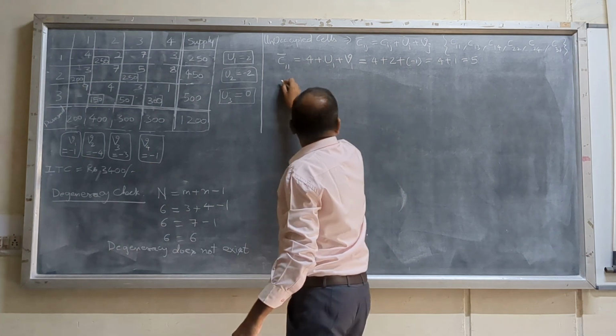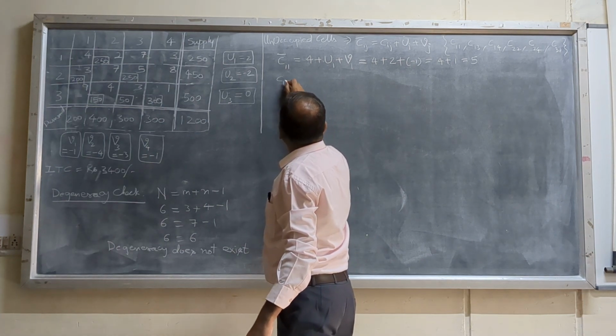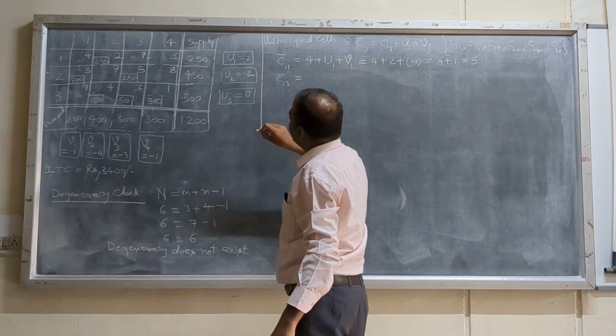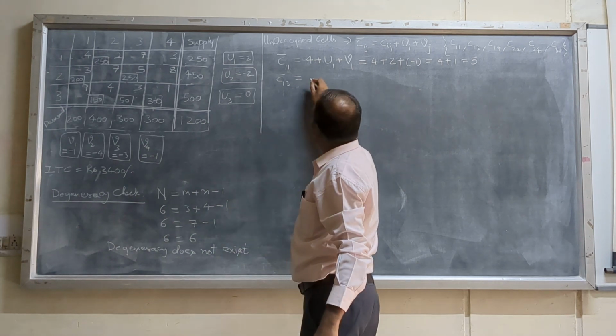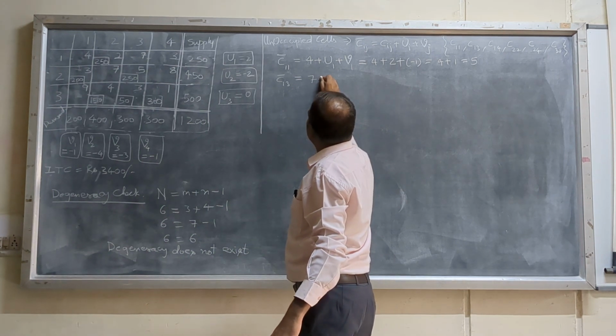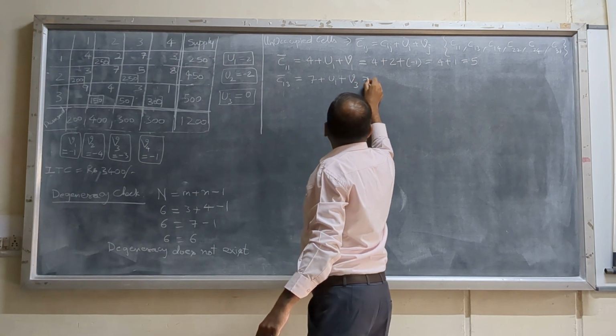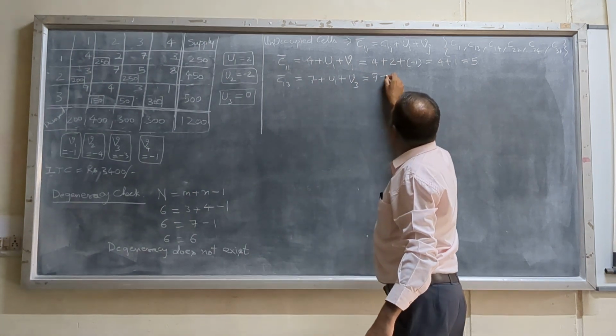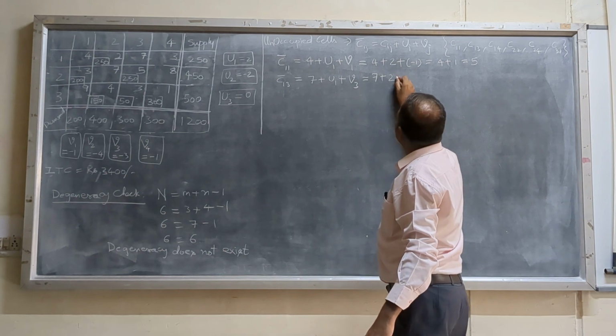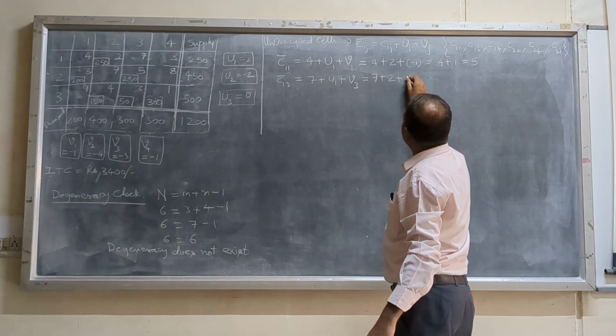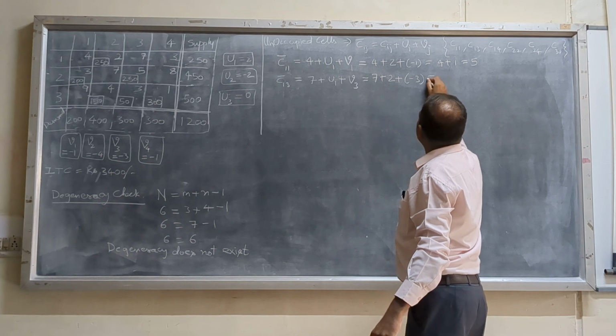The next cell is C13 bar. Opportunity cost for that is 7 plus U1 plus V3, which is 7 plus the value of U1, 2, plus the value of V3, minus 3.